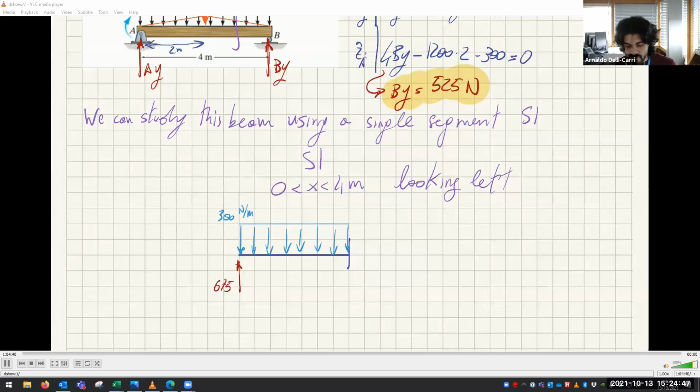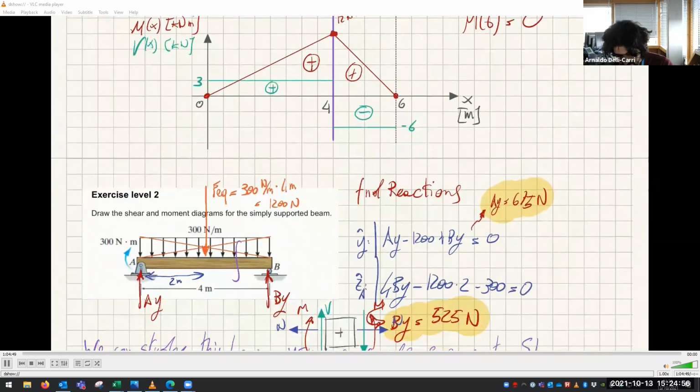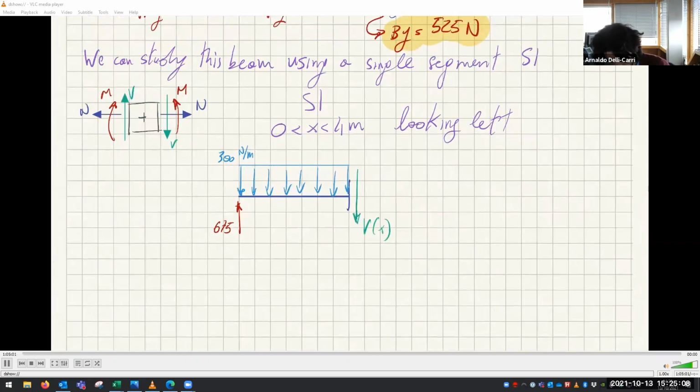Remember this is always with you, very important. So let's duplicate this so we know what we're doing. Since I am exposing forces on the right, I'm using this convention here. This is V of X, and this is M of X. And how long is this part of the beam? Of course, this chunk that I cut out is just X meters long, and X goes from 0 to 4.